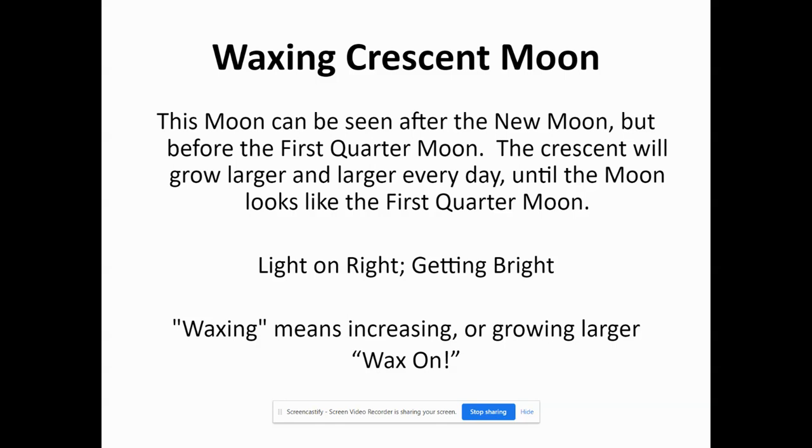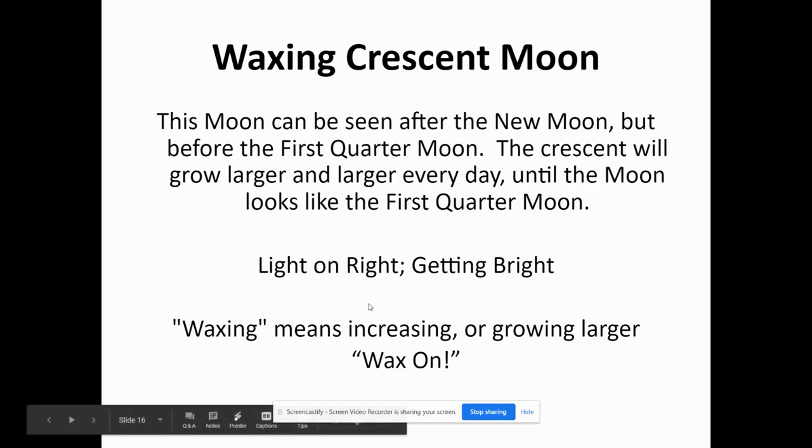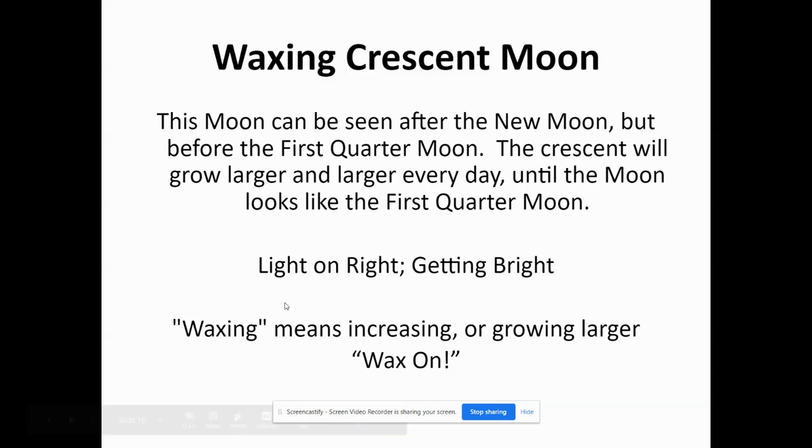A waxing crescent moon goes between new and first quarter, and it's when our light side is getting bright. I like to remember this catchphrase right here: light on right, getting bright. You look up at the moon and you notice the right side of the moon is illuminated. You know that in the next couple days the moon's going to just keep getting brighter and brighter, and that's called waxing.